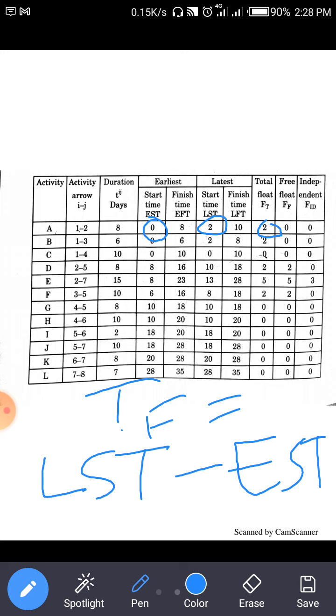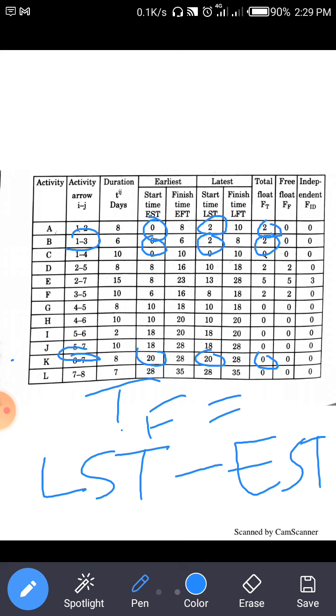So here we take another arrow like 1 2 3. Latest starting time for 1 2 3 is 2, and earliest starting time is 0. So 2 minus 0 is equal to 2. Similarly, we take another arrow like 6 to 7. For 6 to 7, latest starting time is 20 and latest finish time is 20. So here total float is 0. Clear?